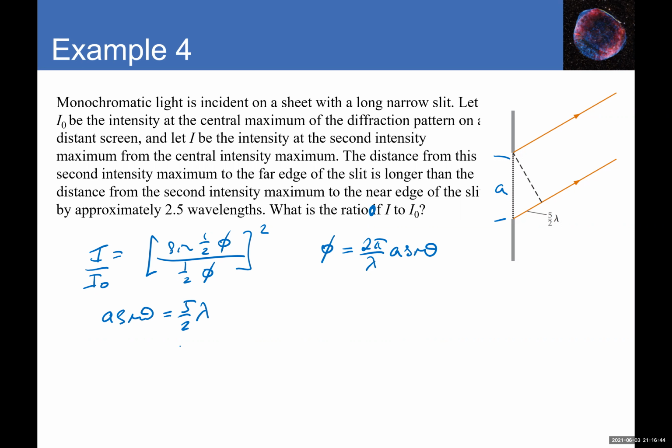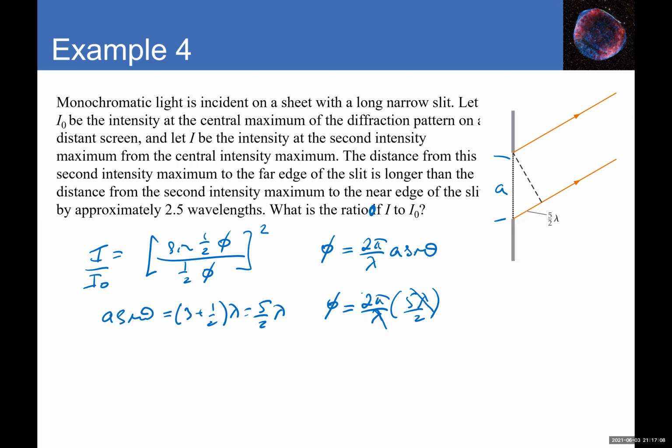because here we do 3 plus 1/2. So we do 3 plus 1 half times lambda, so we get 5 over 2 lambda. And so phi is equal to 2 pi over lambda times a sine theta, which is 5 lambda over 2.